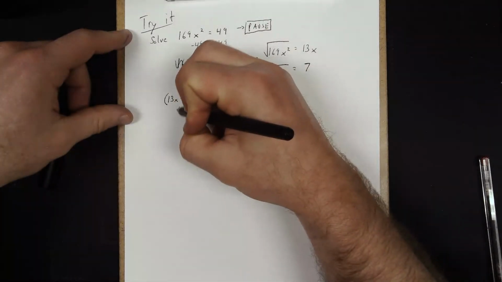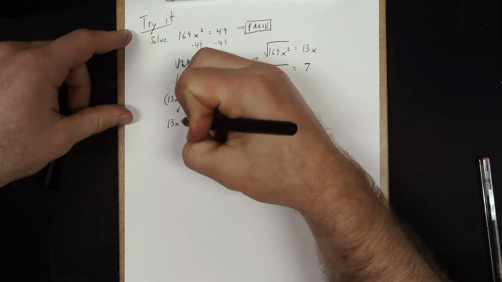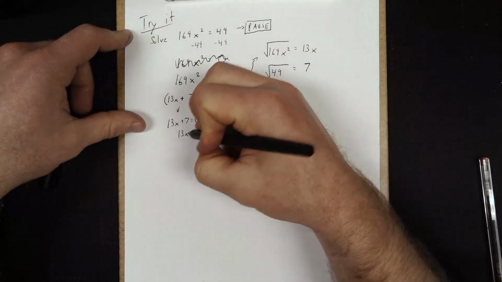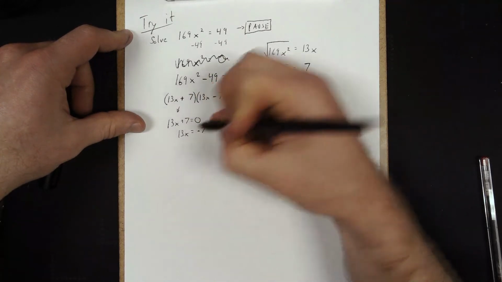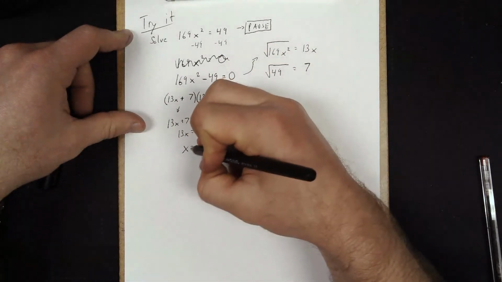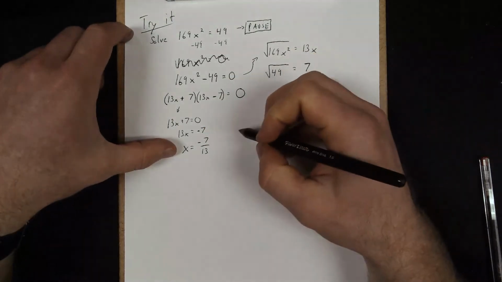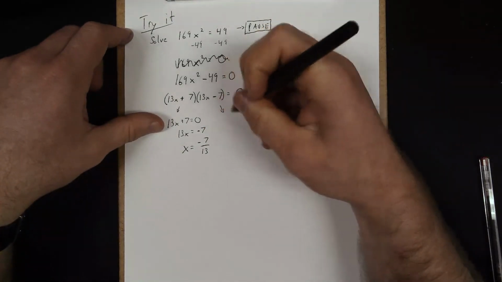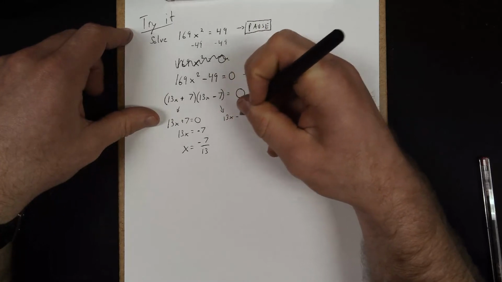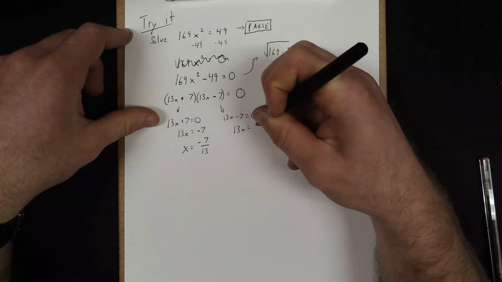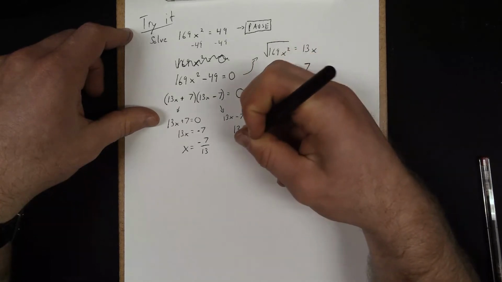So 13x plus 7 is equal to 0. Let's subtract 7. 13x is equal to negative 7. Divide by 13. And you've got x is equal to negative 7 over 13 over here. 13x minus 7 is equal to 0. Add 7. 13x is equal to 7.